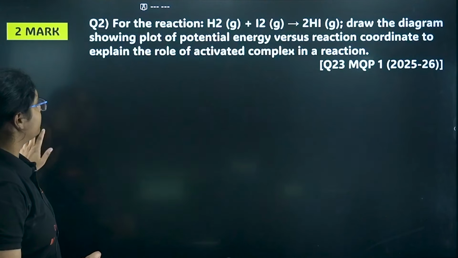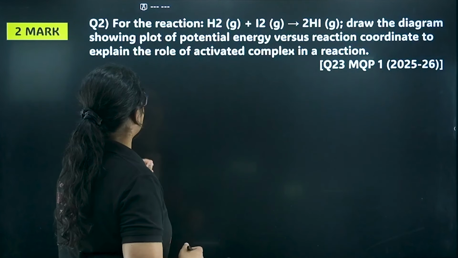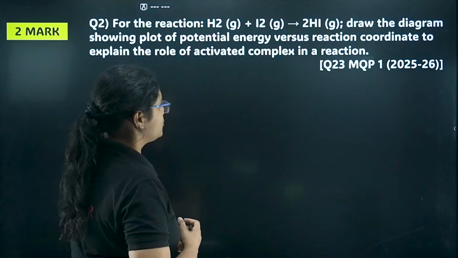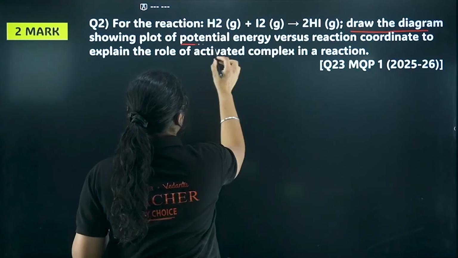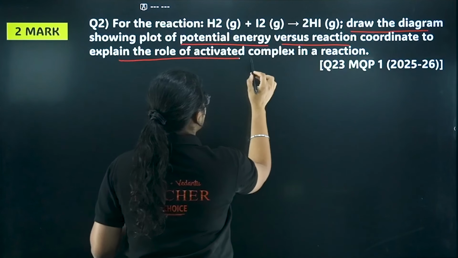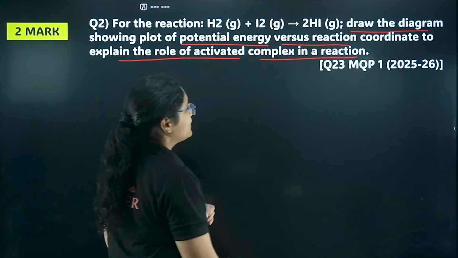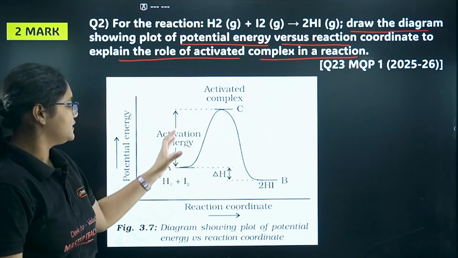Now moving to the next one, a 2 marker question. For the reaction H2 plus I2 gives 2HI, draw the diagram showing the plot of potential energy versus the reaction coordinate to explain the role of activated complex in a reaction. Now if you see, this is the diagram.